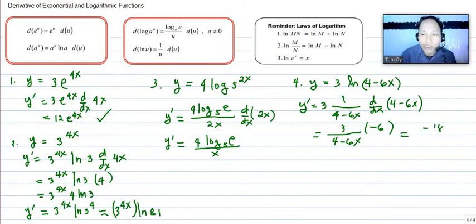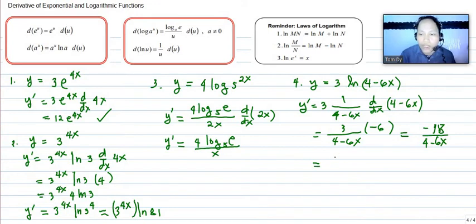Negative 18 divided by 4 minus 6x. So notice this is 18, 4, and 6. They are divisible by 2. So we will divide both the numerator and denominator by 2, or we will factor.